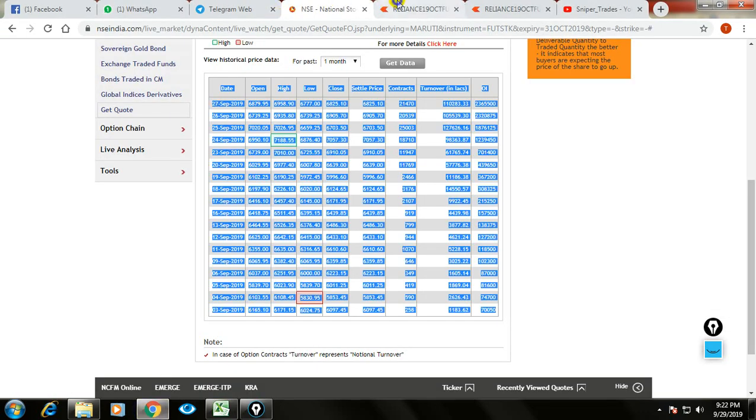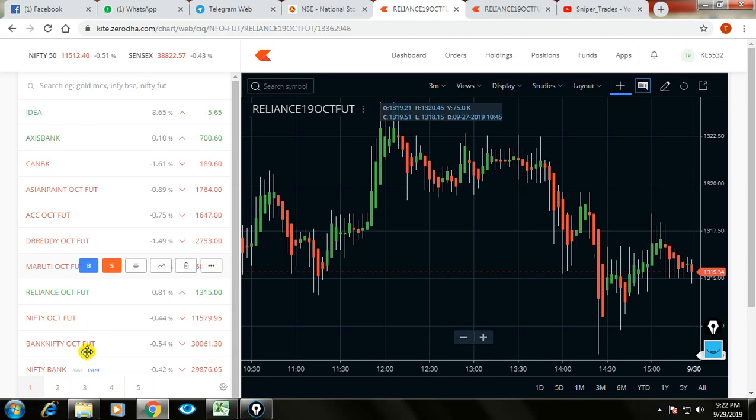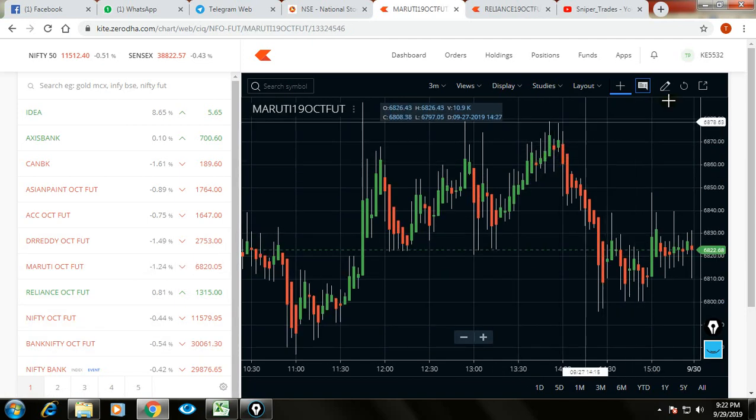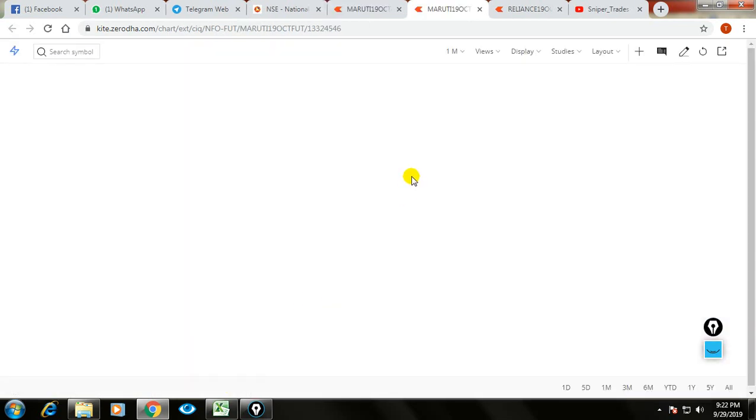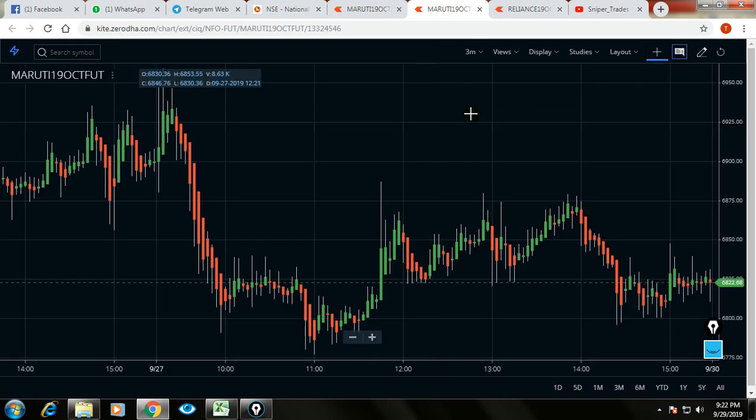We are going to the Maruti charts. Yes, Maruti. Okay, similarly we are going to mark horizontal lines in this chart too.